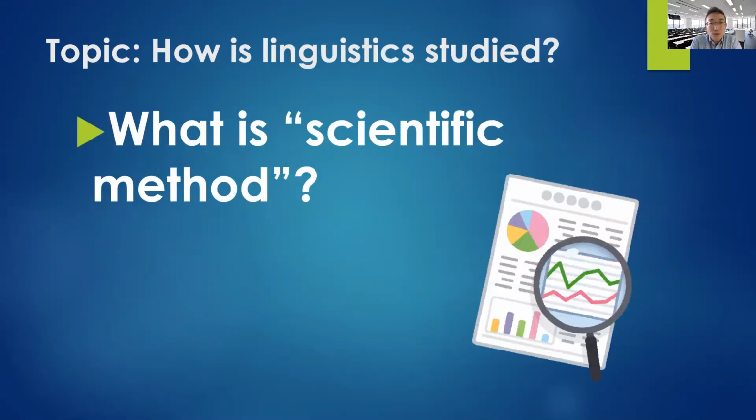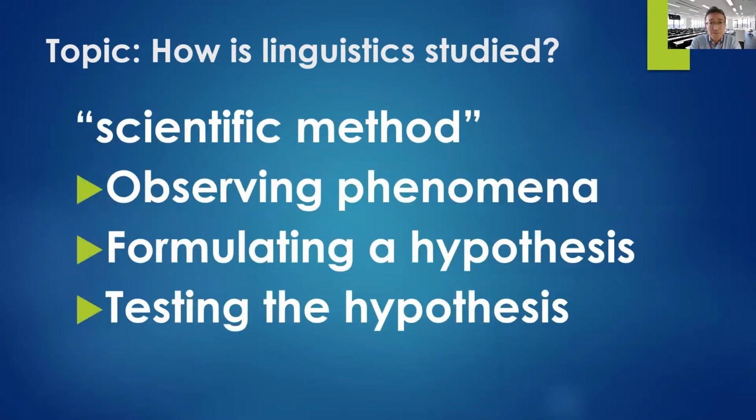There are so many different ways to define this phrase, but the most important definition of this is this. To break down this method into three different steps. First, observing the phenomenon, and then after observing the phenomena, formulating a hypothesis in order to be able to explain that phenomenon.